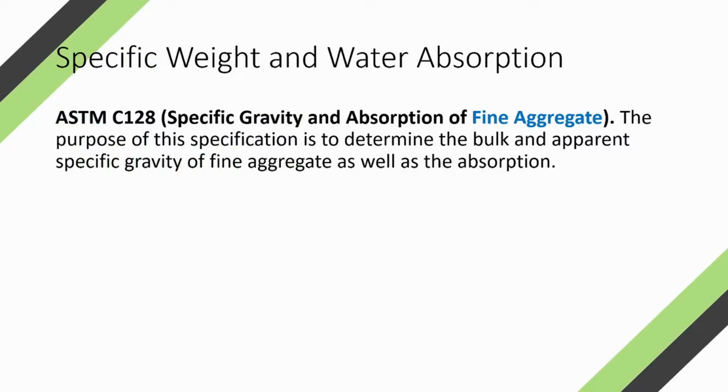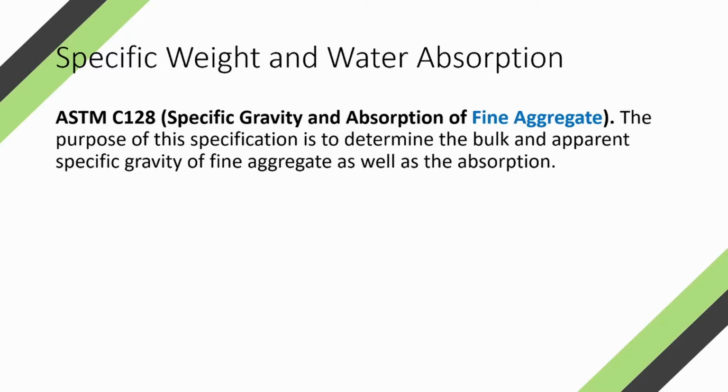So next we have here the test for the specific gravity and water absorption of fine aggregates. So yung ASTM specification niya is ASTM C1131. The purpose of this specification is to determine the bulk and apparent specific gravity of fine aggregate as well as the absorption. Yung equivalent na AASHTO specification niya is AASHTO T84.